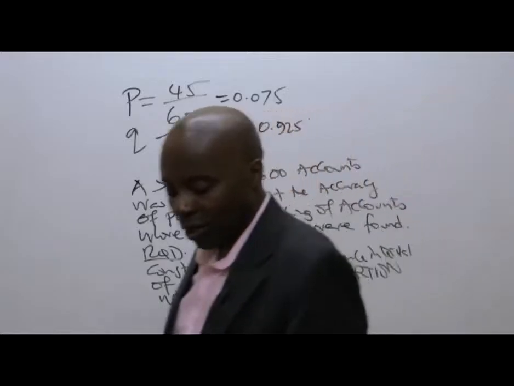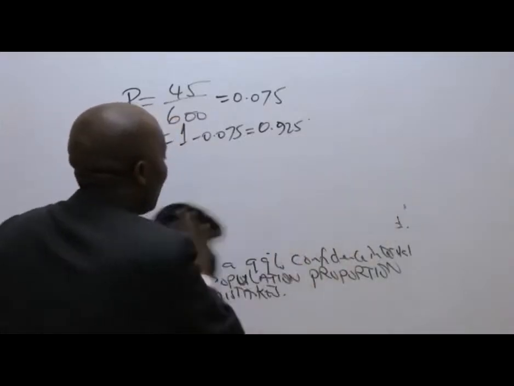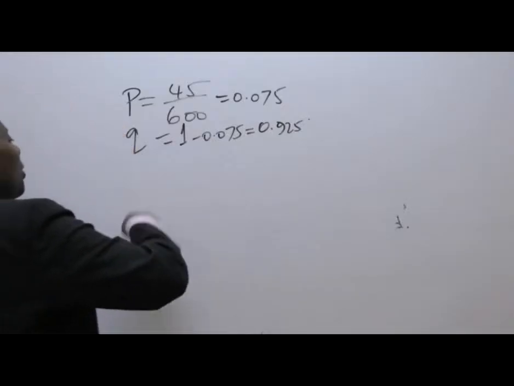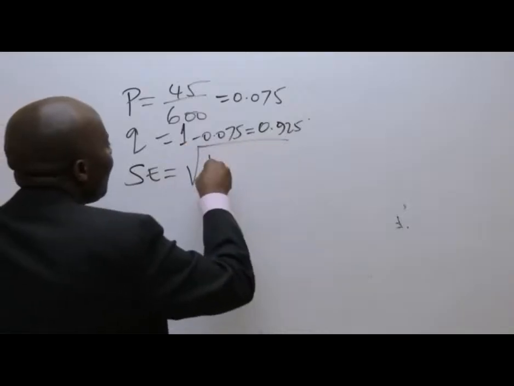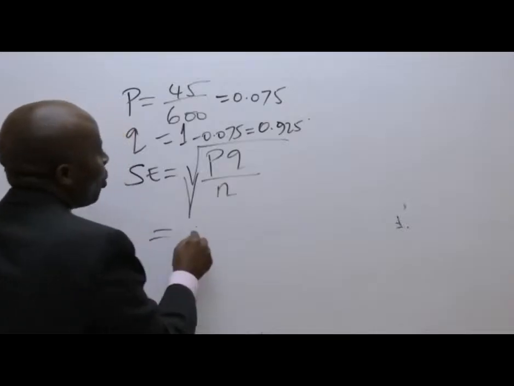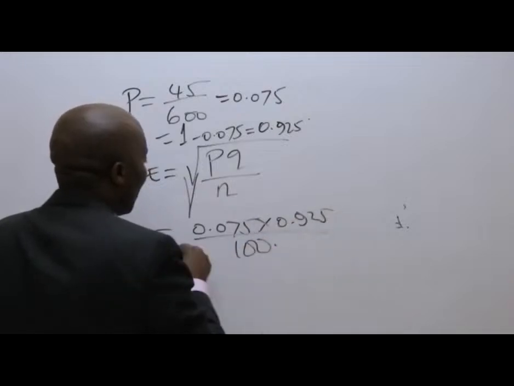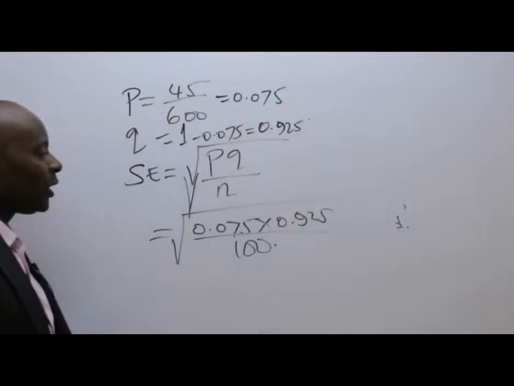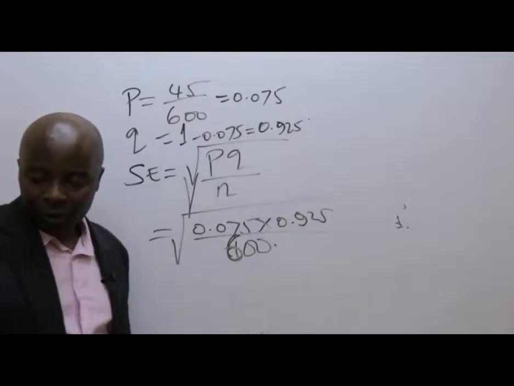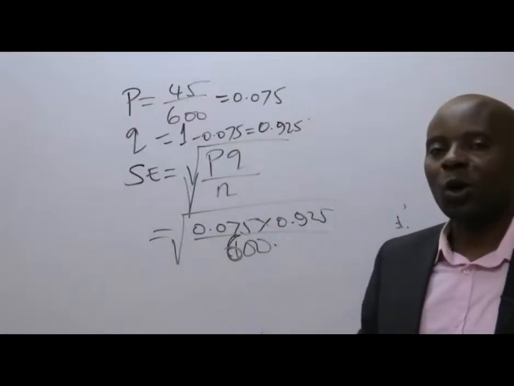The standard error in the case of proportions will be obtained by multiplying the two, 0.075 times 0.925, and then dividing whatever we get by N. We sampled 600 accounts, so our N is 600.